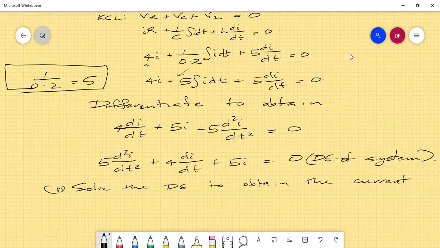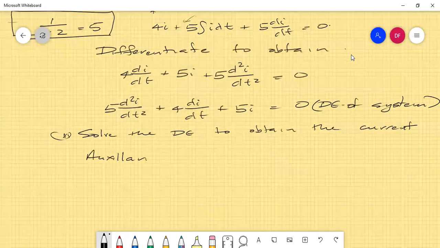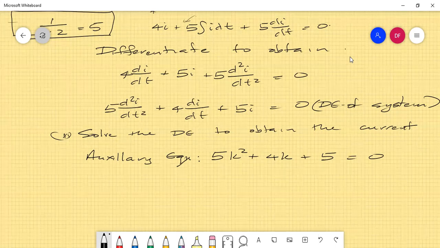So the first thing we write down is the auxiliary equation, which is going to be 5k squared plus 4k plus 5 equals 0. Now that is not such a nice equation to solve, meaning to say that you can't factorize it or anything.